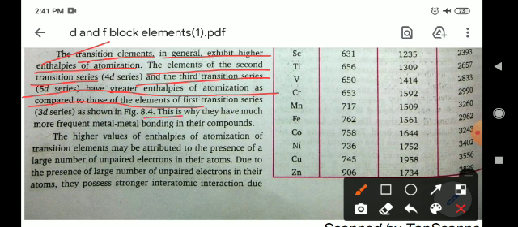This is why they have much more frequent metal-metal bonding in their compounds. The higher value of enthalpies of atomization of transition metals may be attributed to the presence of a large number of unpaired electrons in the atom. As the number of unpaired electrons in an atom increases, their atomization energy will increase.